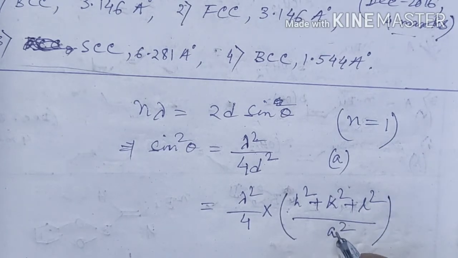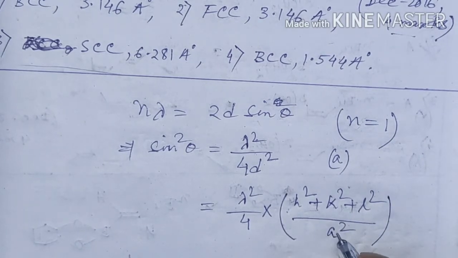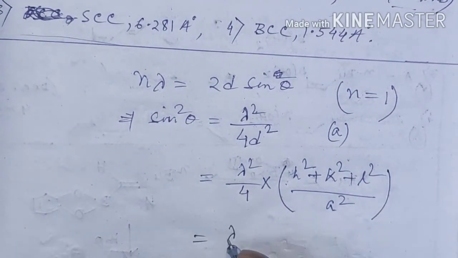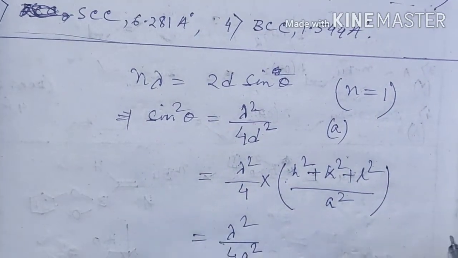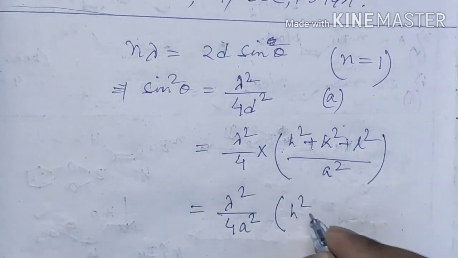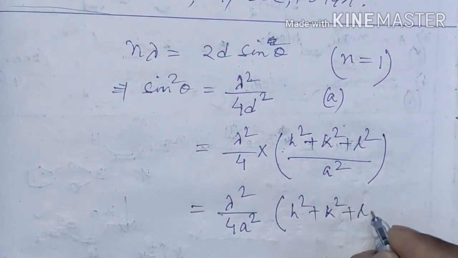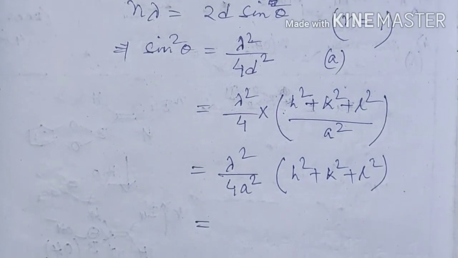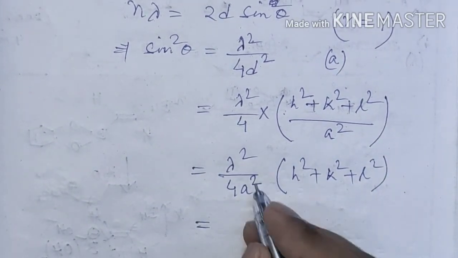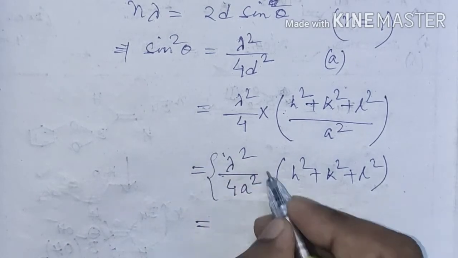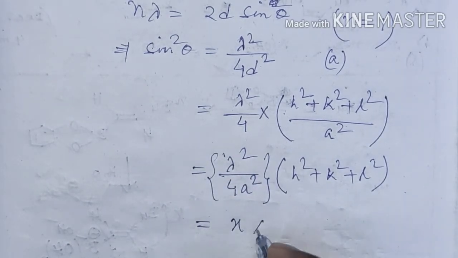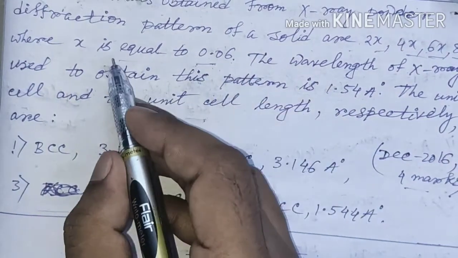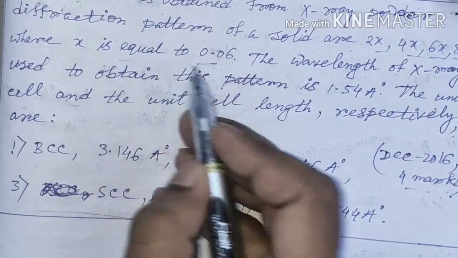Since each side length is taken as the same, a, we can write it like this. Now we can simplify this term. We can take this term as x, since the value of x is given as 0.06 and it is constant.